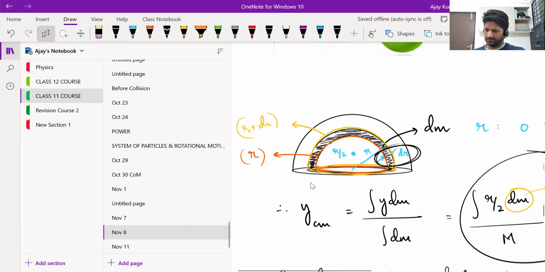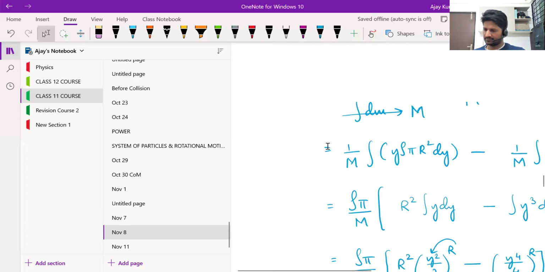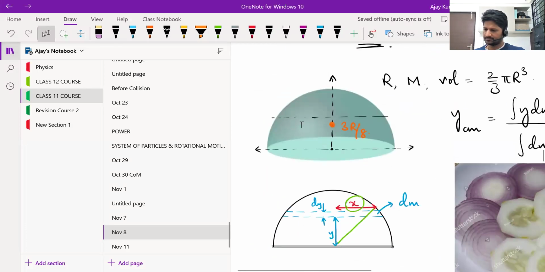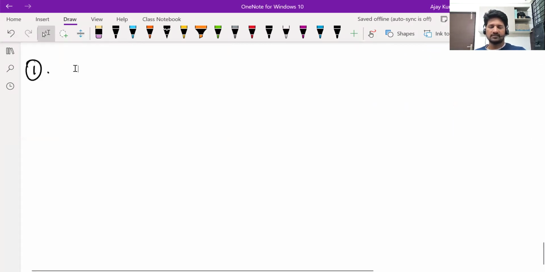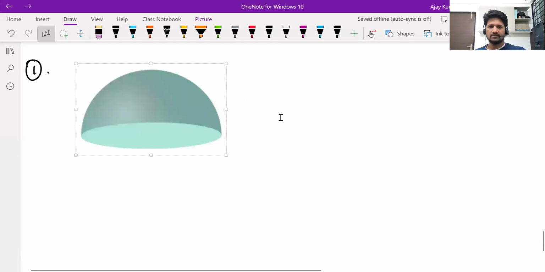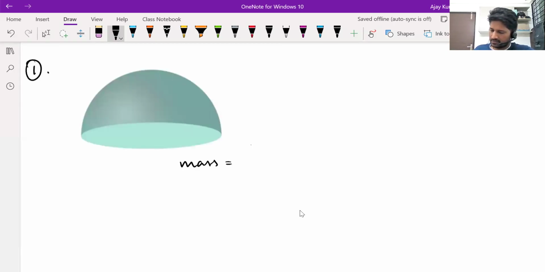So just a moment. Let me take one diagram from the previous class. Suppose there is a solid hemisphere like this. Okay. Initially, it is placed this way. Assume its mass is 2 kg and its radius is some 0.4 meters.